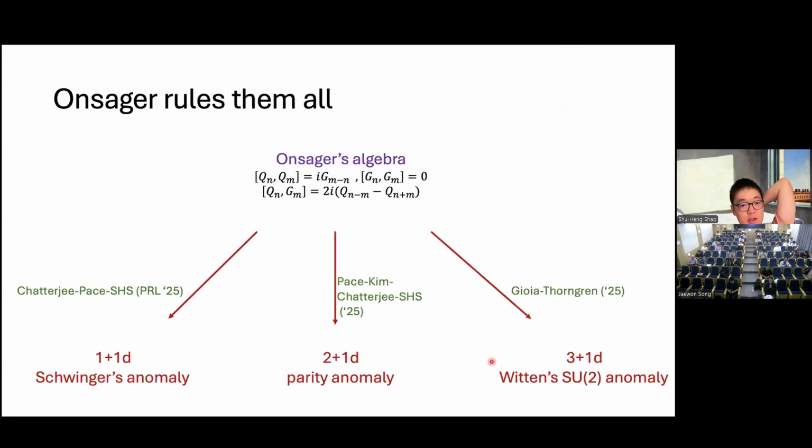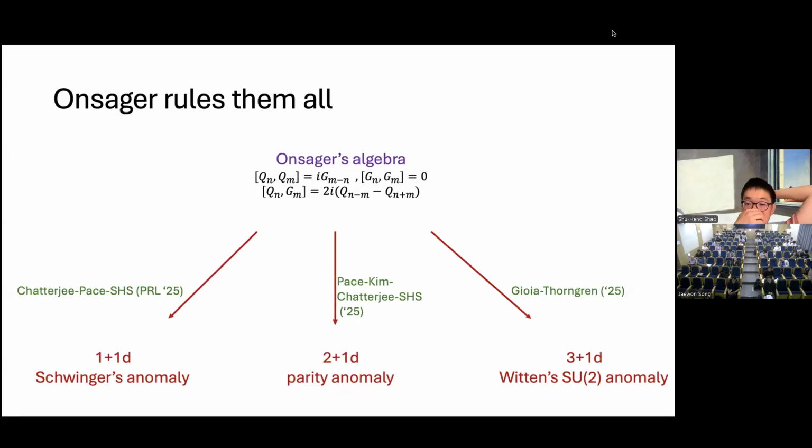Okay, let me go to the last slide. This one. Usually symmetry algebra is not enough to constrain; you've got to feed in something extra on top of that, like the 't Hooft anomaly. So let me put it this way. People usually say let's focus on 1+1D because most of the statements carry over to 2+1 and 3+1.